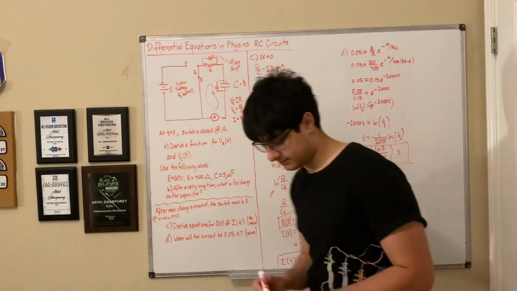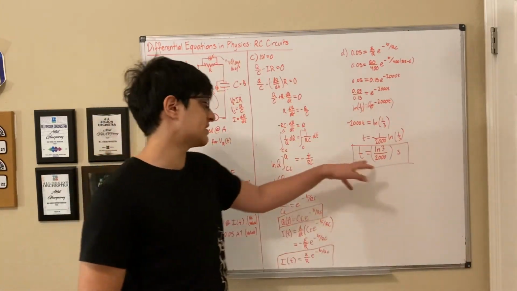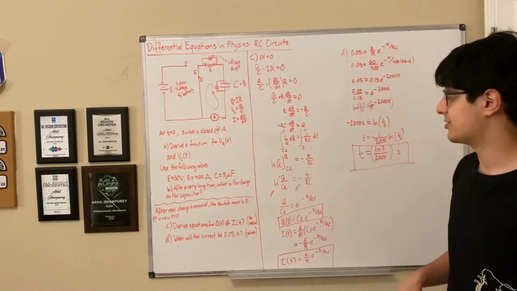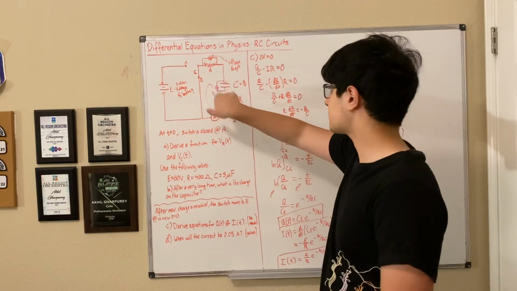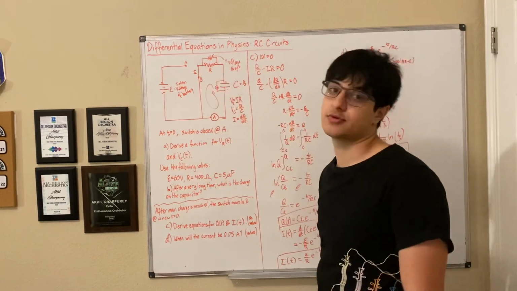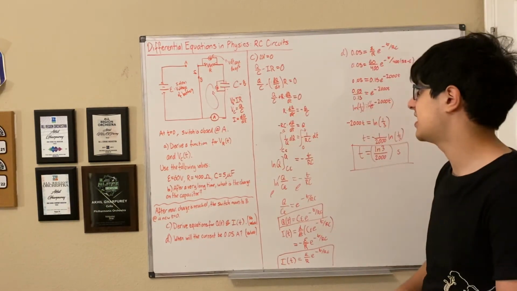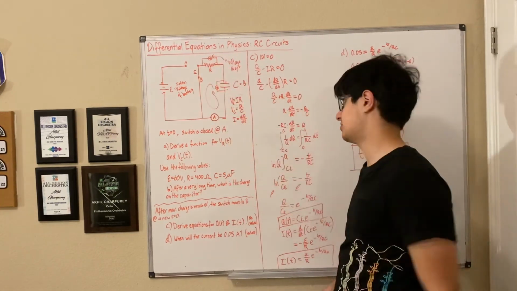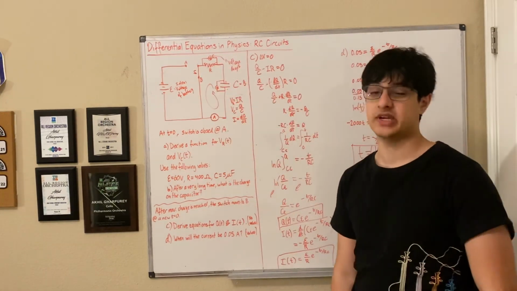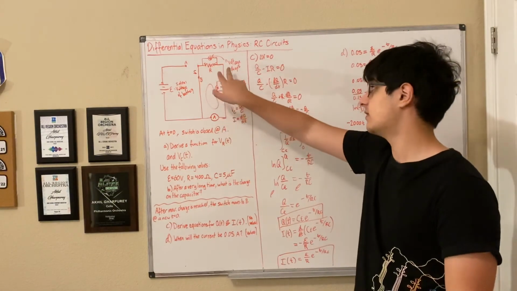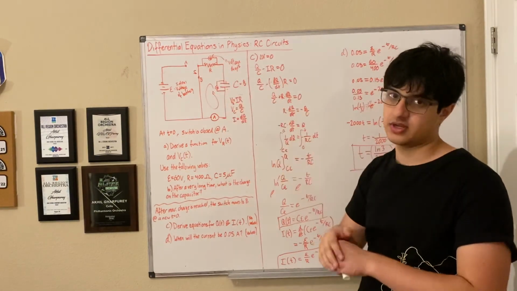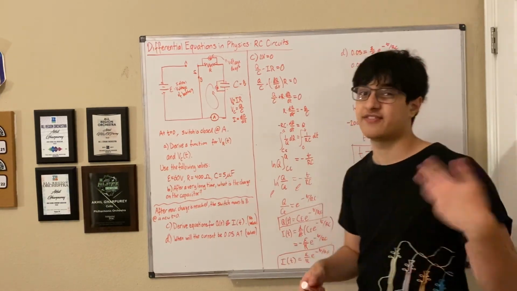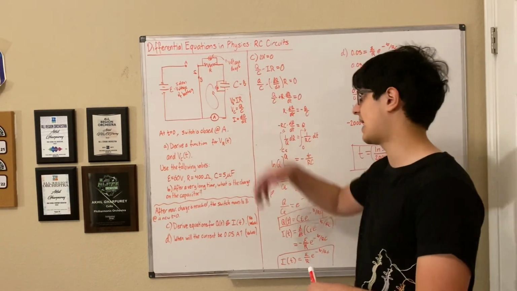And that's it. As you can see, as time passed, the current still decreased. Now, why was that? Well, the charge is slowly decaying through the resistor. What I mean by that is the charges are leaving the capacitor. The capacitor acts like a battery now, so the charges leave it. They gain a little bit of voltage, but that voltage gain is negligible because the charges are leaving faster than they're coming back.